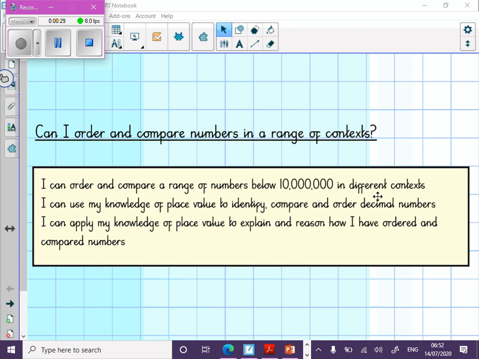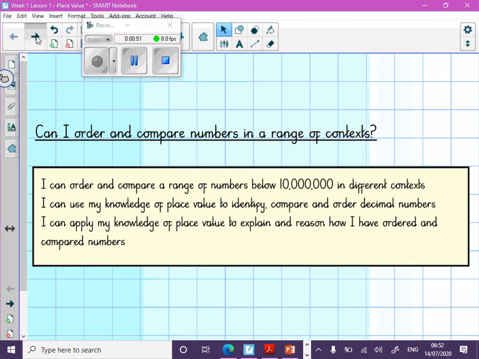So that might be whole numbers, it might be decimal numbers. You'll be able to use your knowledge of place value to identify, compare and order decimal numbers, and then be able to apply your knowledge of place value to explain and reason how you have ordered and compared numbers, so that justification behind exactly why you have done something.